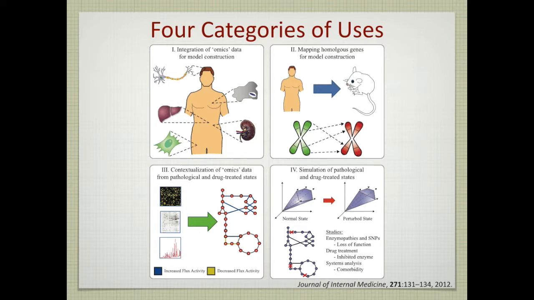And you can actually have cells side by side, treat them and not treat them, say, with a drug, and then compare the responses. Or you could have a normal person and a person with a genetic lesion and compare the responses.